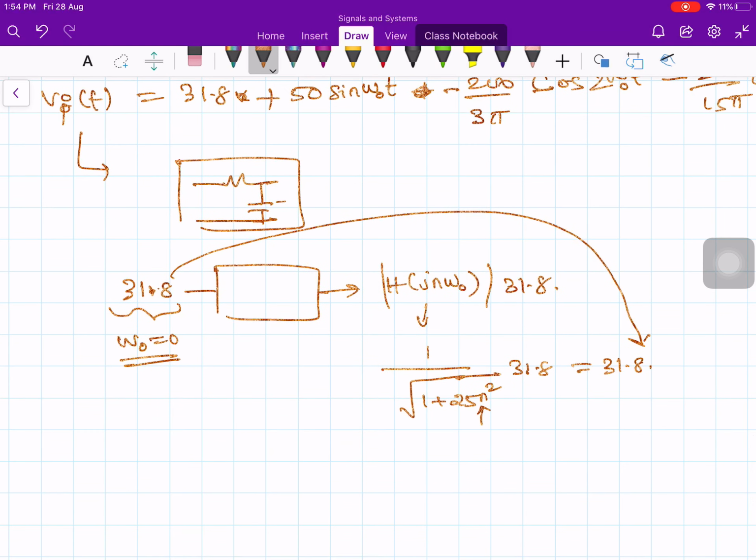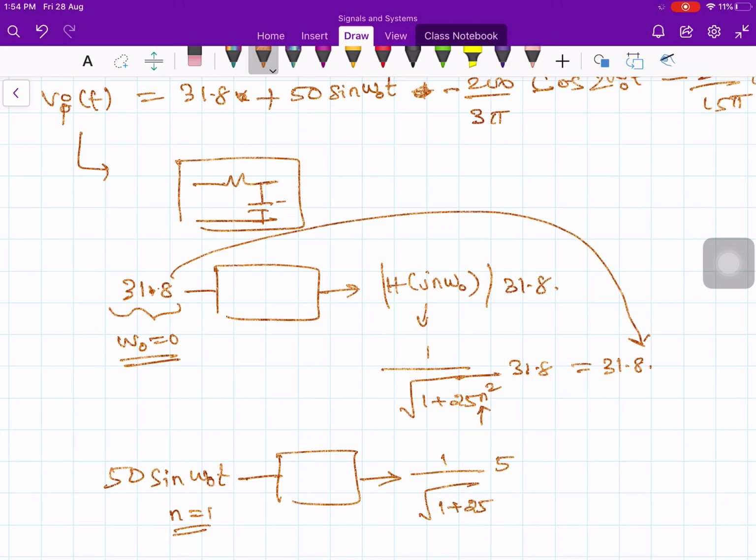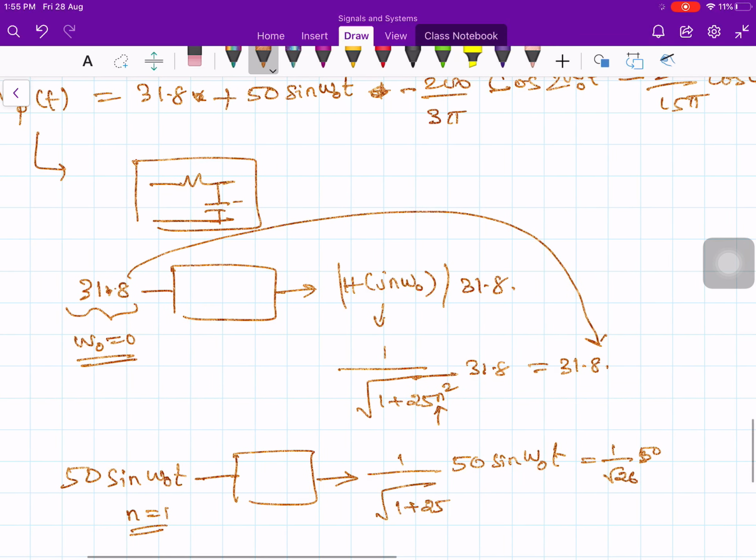Now you apply 50 times sine of omega naught t to the same system. What is the output? Now here n is equal to 1 in this, right? N omega naught t, n is equal to 1. Therefore 1 divided by square root of 1 plus 25 times 1 square, times 50 times sine omega naught t. So this is 1 over root of 26, 50 times sine omega naught t, 50 by root of 26.